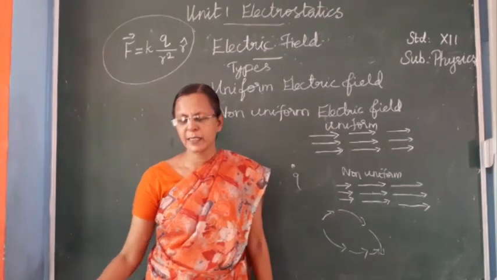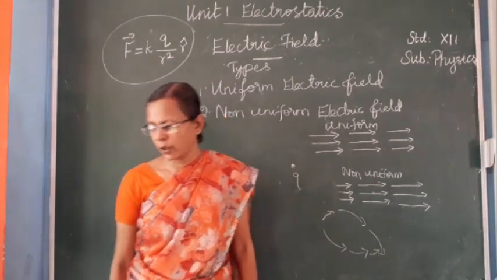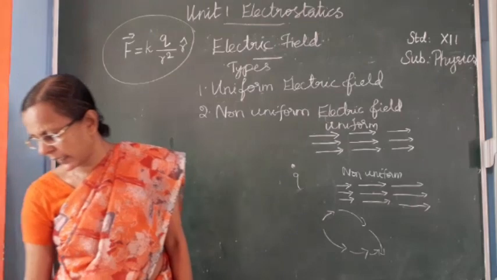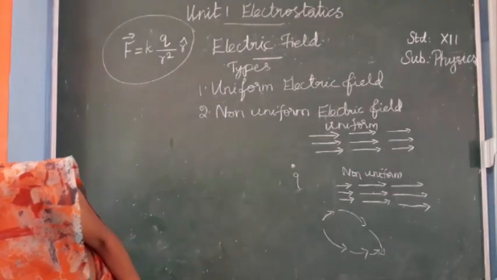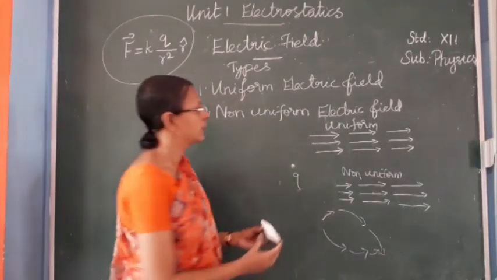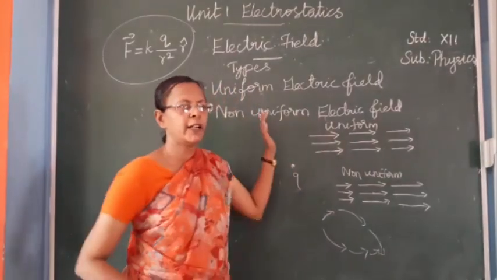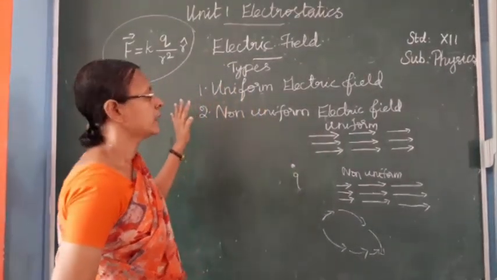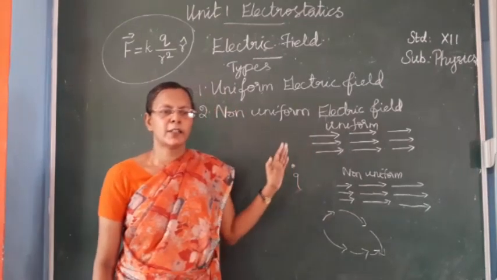So how many aspects has the ma'am explained here? Seven important aspects I have explained here. Okay, have all of you understood these types? Then, what is the first aspect?